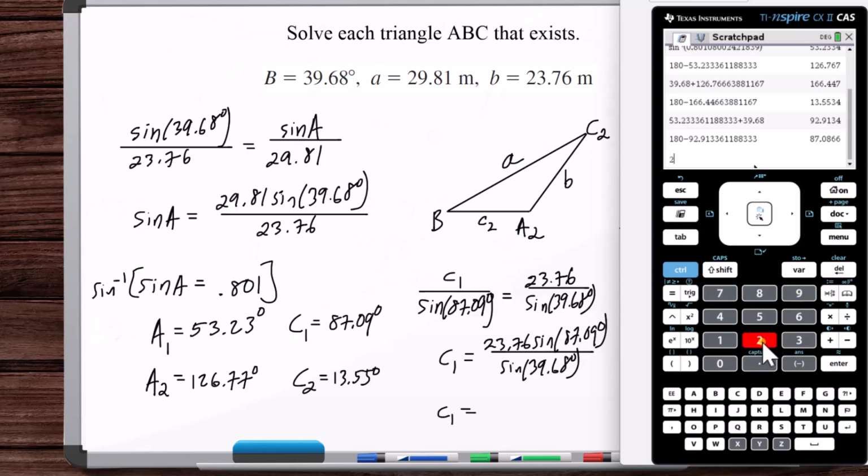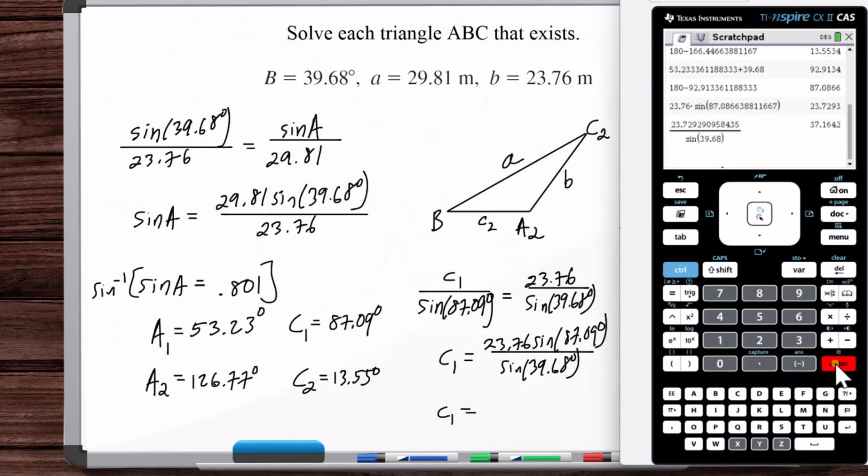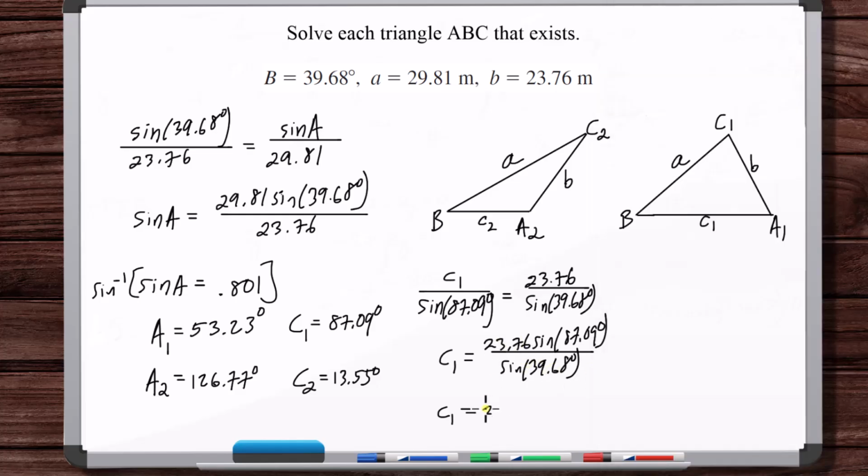That's 23.76 times sine of this angle divided by sine of 39.68, which gives 37.16 meters.